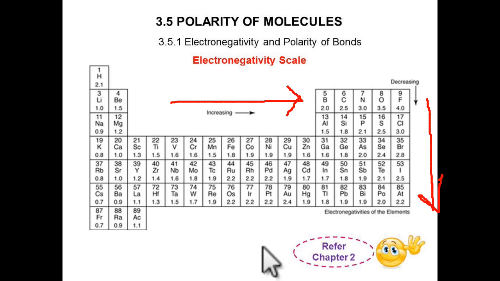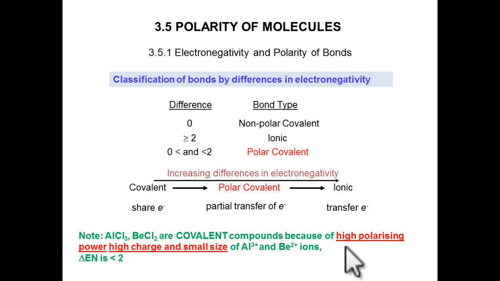Refer to the previous chapter that we have learned. So let's look at the classification of bonds by difference in electronegativity. If you calculate the difference in electronegativity, what do I mean by electronegativity?